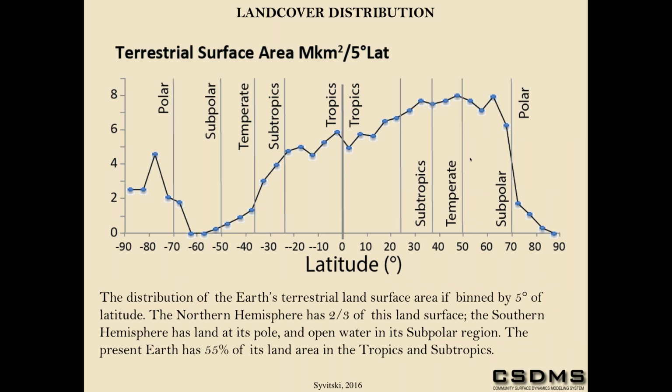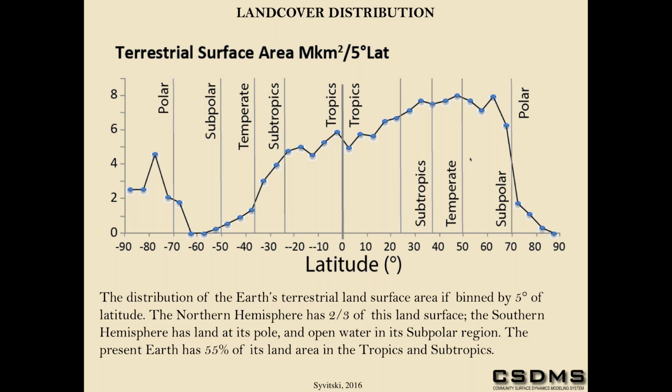And finally, in my overview of sediment fluxes in general, we should all consider the land cover distribution, at least for today. In this diagram, you're looking at the terrestrial surface area binned in 5 degrees of latitude, in millions of square kilometers. And of course, you can see that we have a northern hemisphere dominance of land surface. In the southern hemisphere, you will note that we don't have very much temperate or subpolar land surface at all.